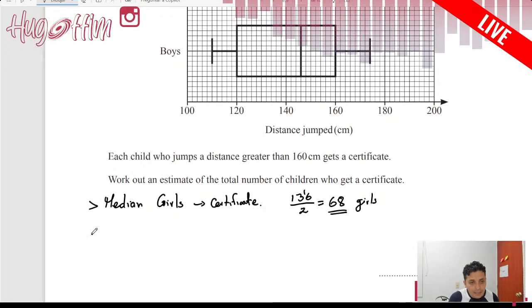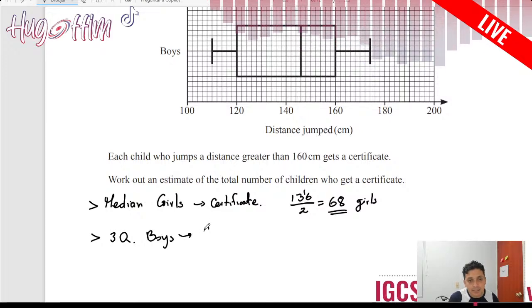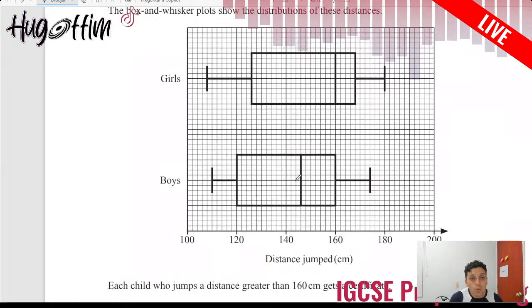On the other hand, the boys above the third quartile get the certificate. This is going to be 3/4 of the sample.